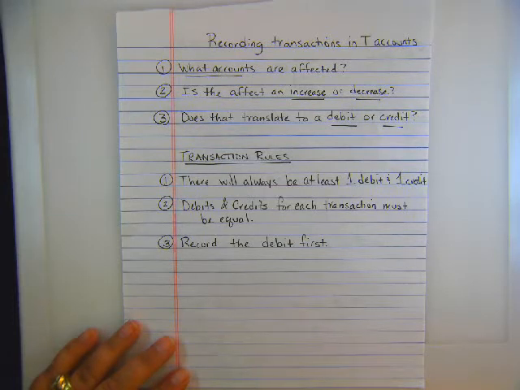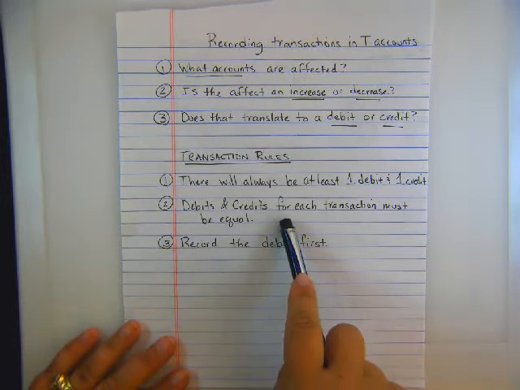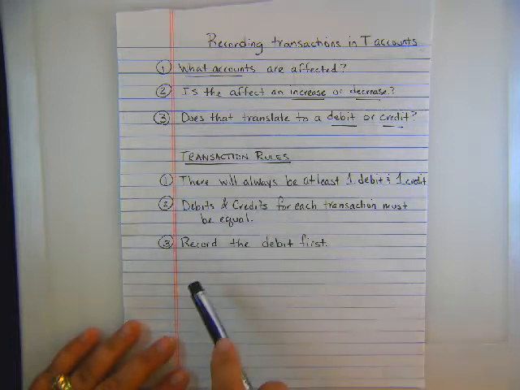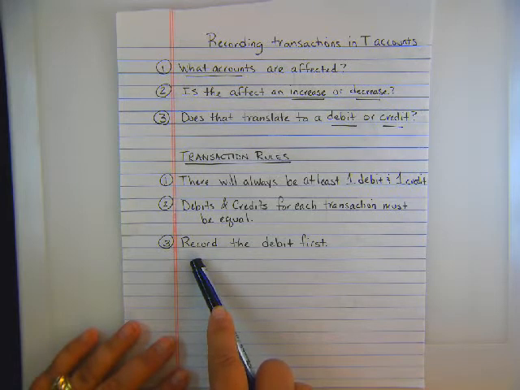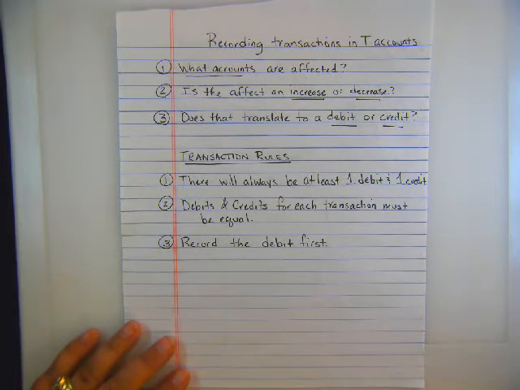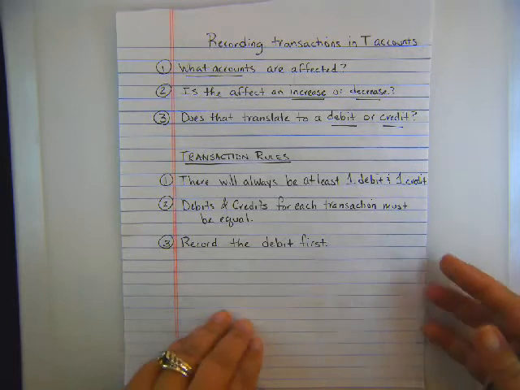So just like we said in the beginning, when we keep the accounting equation in balance, we keep each individual transaction in balance. And just as a general industry rule, we record the debit first. So we're going to pick up that habit now as we start our T accounts, and we will see that stay with us throughout the rest of the course.